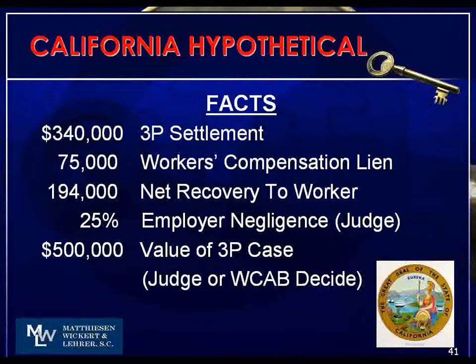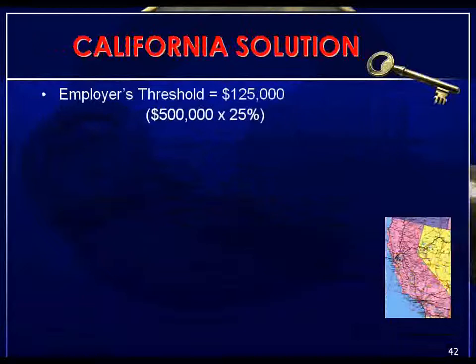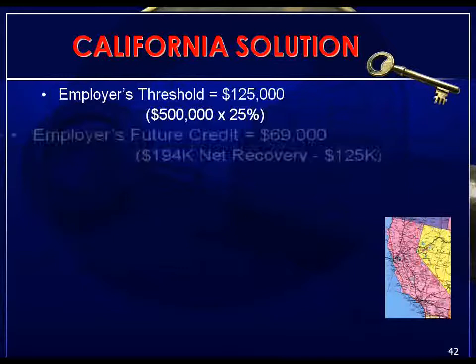Quick California hypothetical: $340,000 third-party settlement reduced by the lien means a $194,000 net recovery to the worker. If there's 25% employer negligence and you have a $500,000 value of the third-party case, you have the following situation. The employer's threshold is $125,000. That's $500,000 times 25% for its negligence.